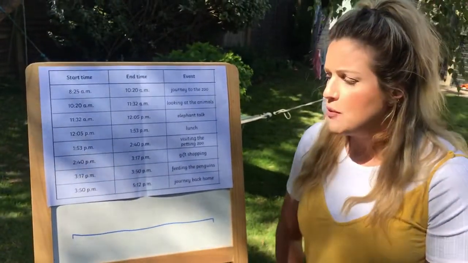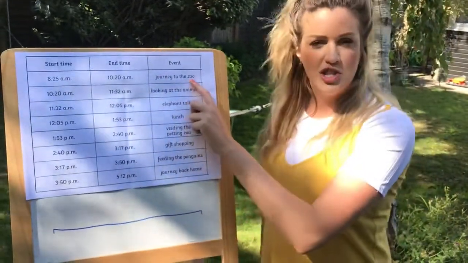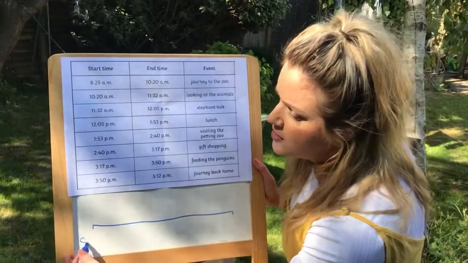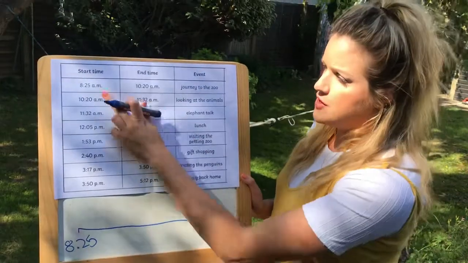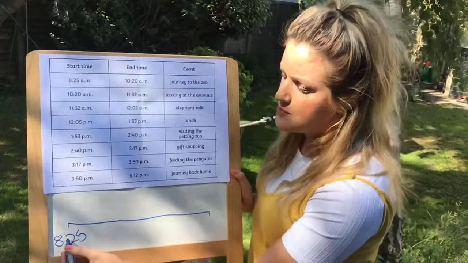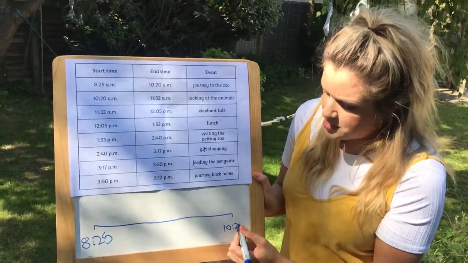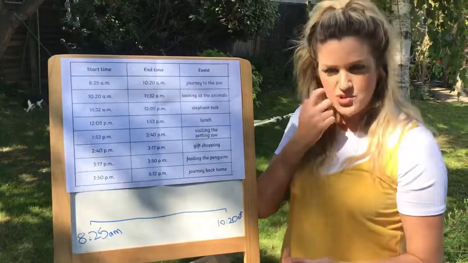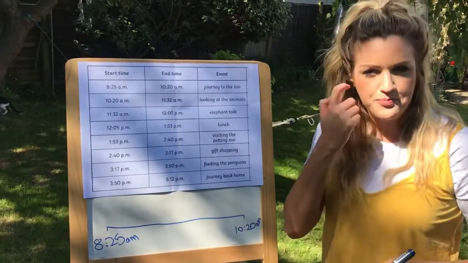Okay, so I am going to work out the duration of the journey to the zoo, so how long that took. So at the beginning of my timeline, I'm going to write 8:25. Okay, that's my start time. And then the end time is here, 10:20. And it's in the morning. Okay, so we're working out this duration, this length of time.